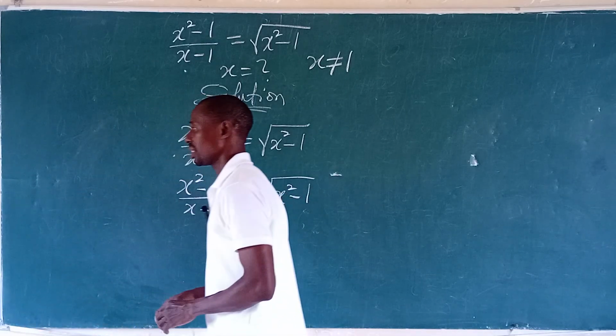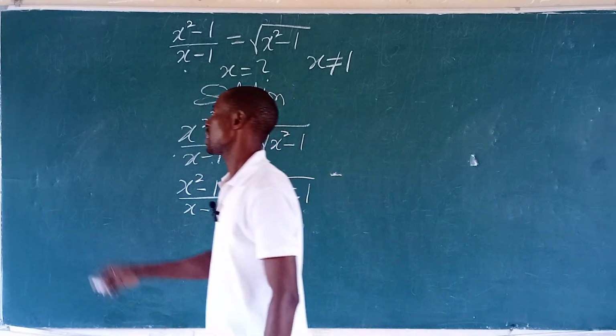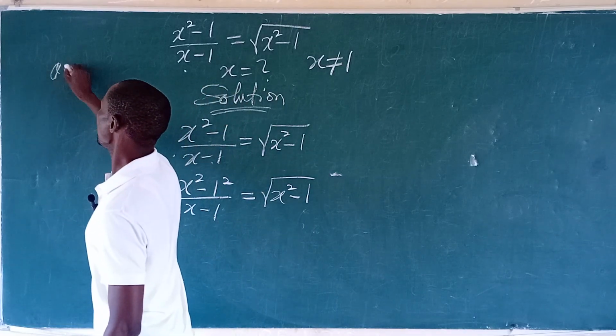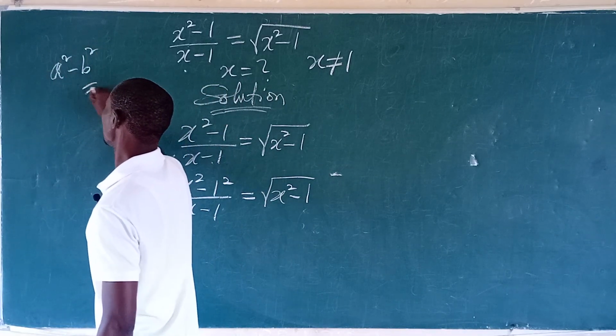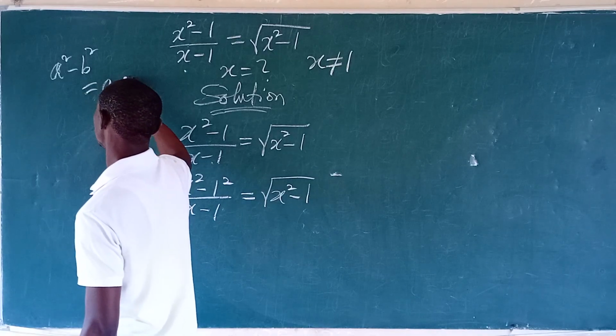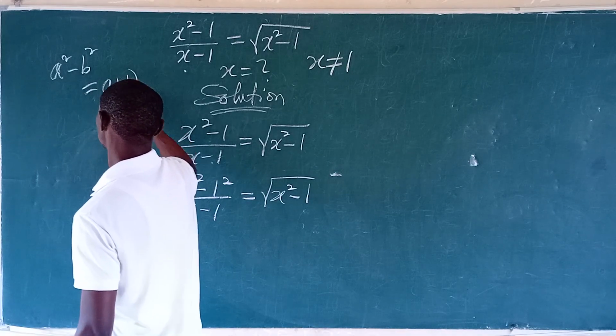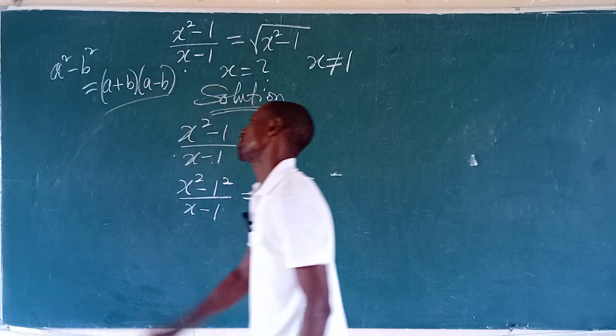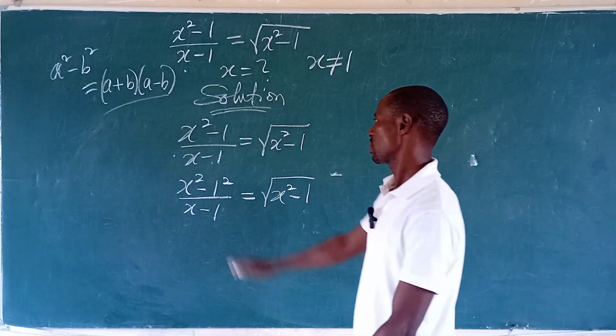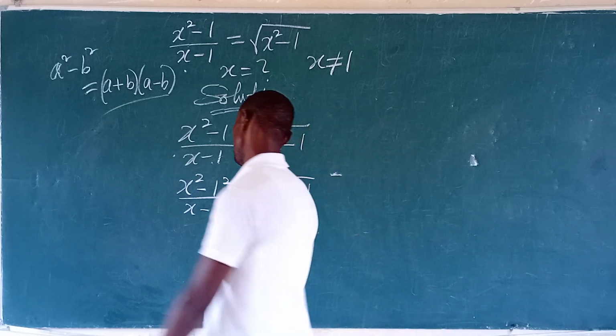There's what we call the difference of two squares, which says that a^2 - b^2 = (a + b)(a - b). This is what we call the difference of two squares, so we can bring it in here. Why are we doing this?